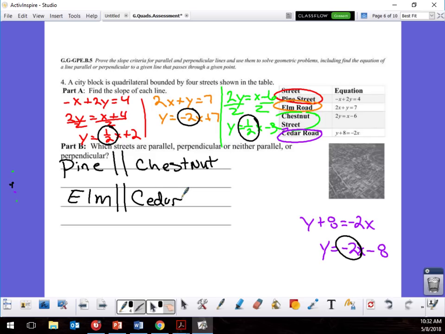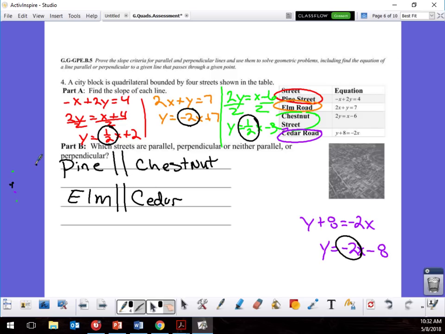Let's compare this one right here. Let's do the red and orange. Are they opposite signs? Yes. What's the reciprocal of 1 over 2? 2 over 1. Is the orange one 2 over 1? Yes.